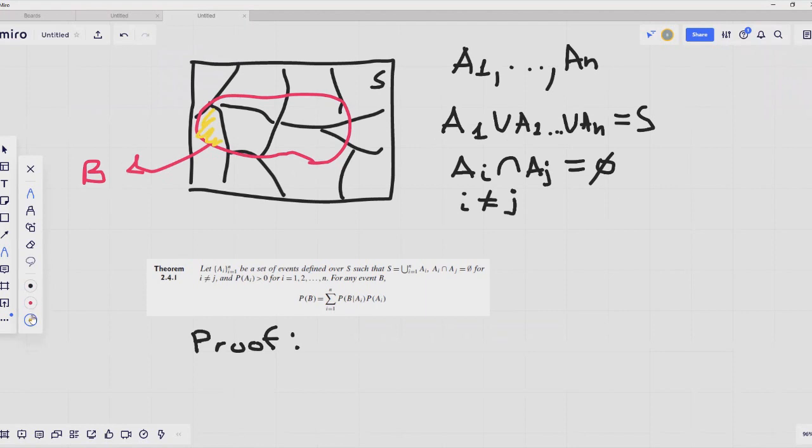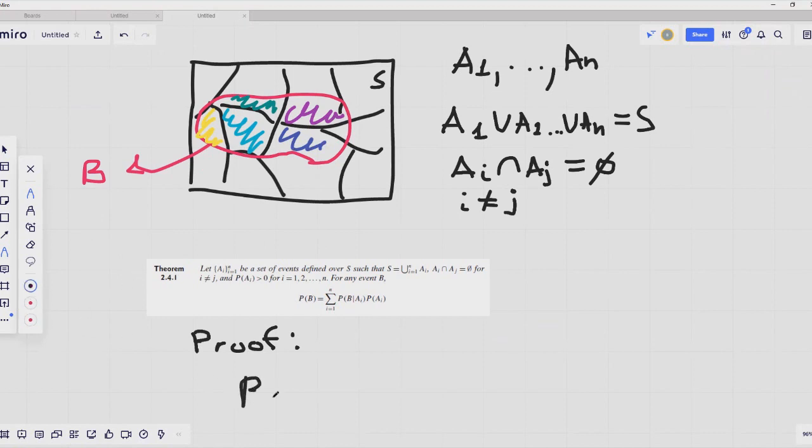So B can be merged from the following pieces, which are intersections of B with those Ai's.